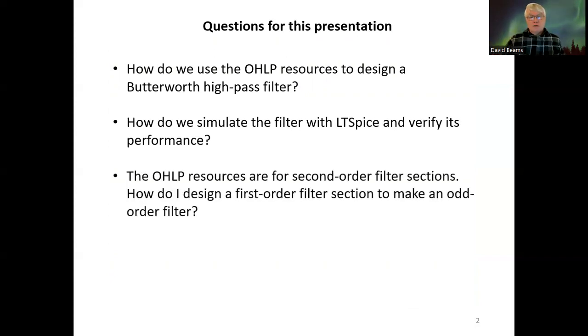Third, since the Sallen-Key design worksheet that is part of the One Human Lifetime Project filter resources is for designing second order sections, how do I design a first order section if my design specification calls for an odd order filter?